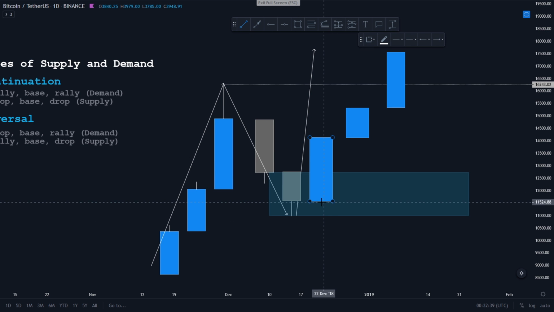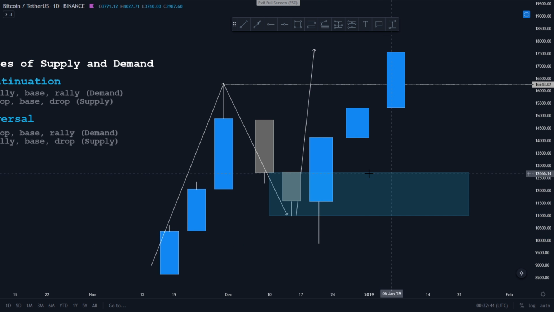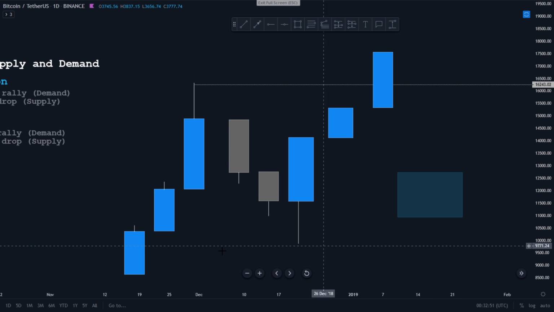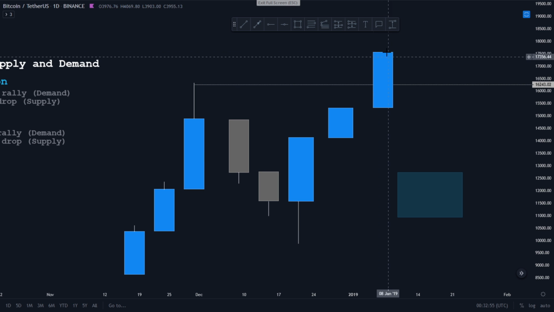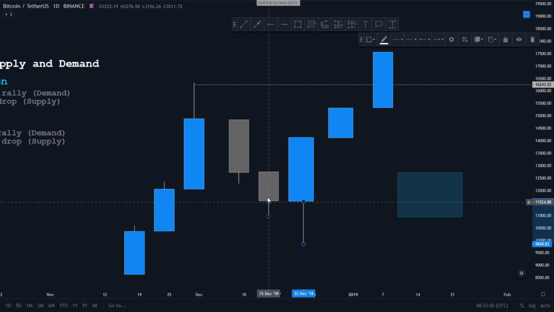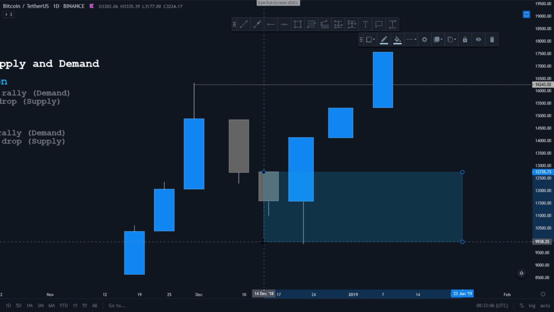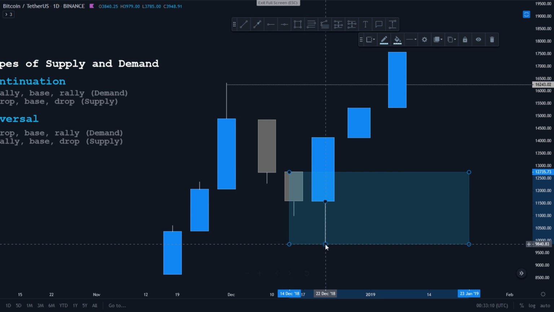Let's say this candle would have a wick that is lower. Let me remove this. So we have a rally, base, and rally, and this is the higher high. Let's say this bullish candle's wick is lower than this one's. In such a case, guys, you just take the body of the last down candle and the lowest wick, because this is the swing low.